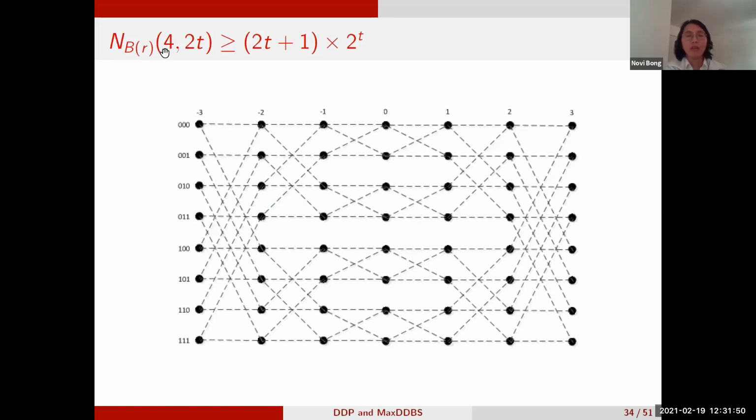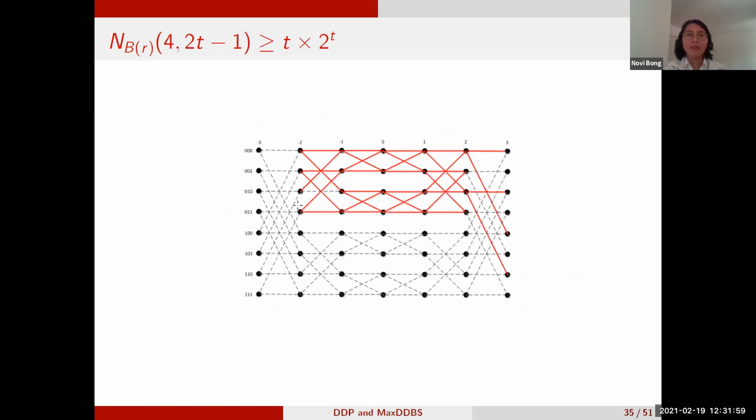If you want degree 4 and even diameter, then you get this entire graph. When you want the odd versions, you actually lose a lot of vertices, to less than half of the network. This is the largest graph that we could construct.